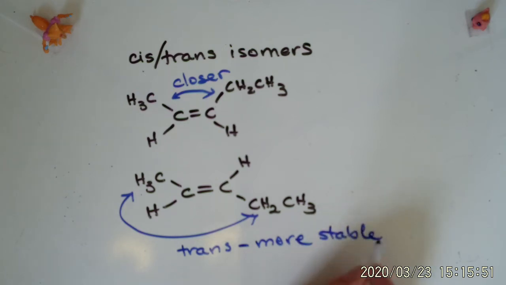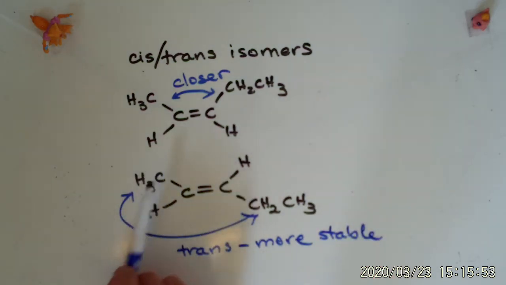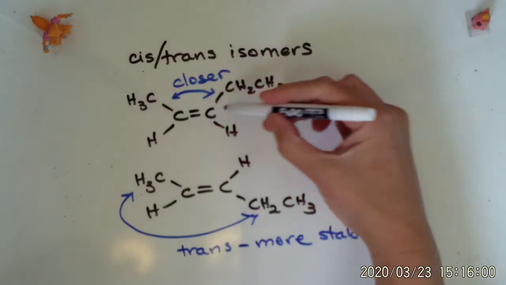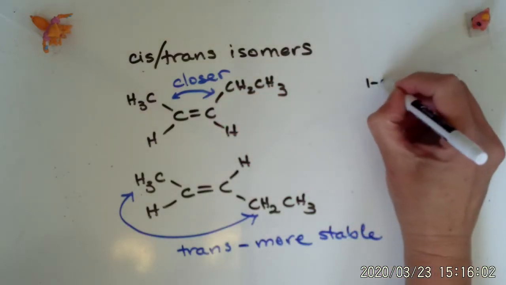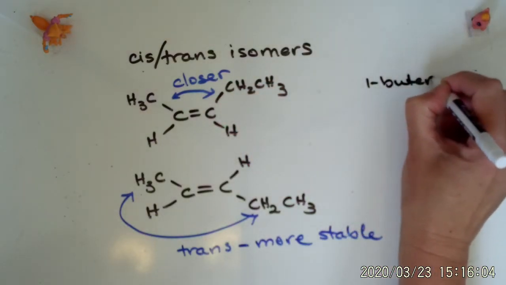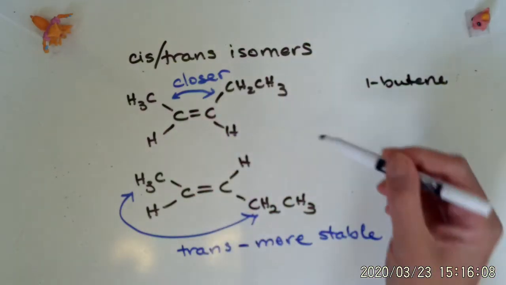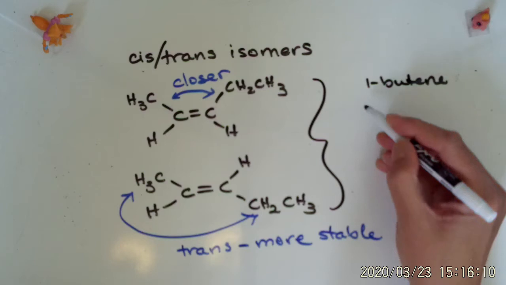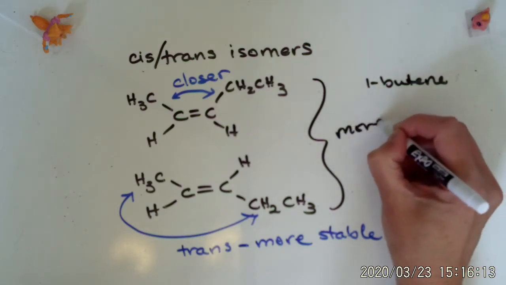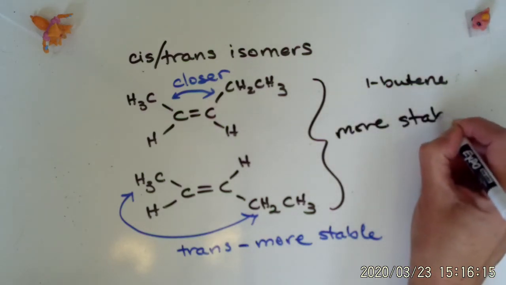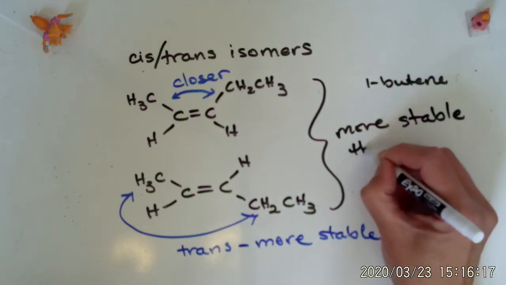Now, how does this compare with 1-butene? Because I have 2 substituents on the double bond in 2-butene, these are both still more stable than 1-butene.